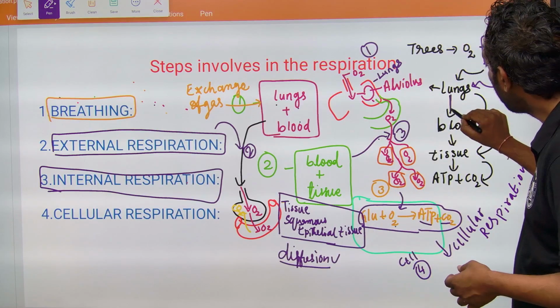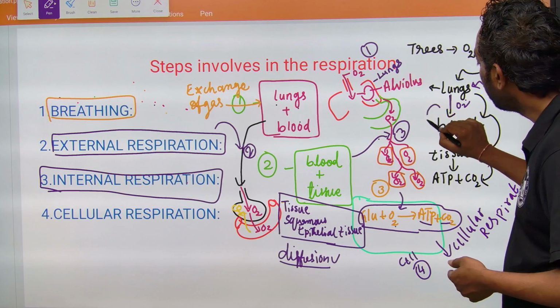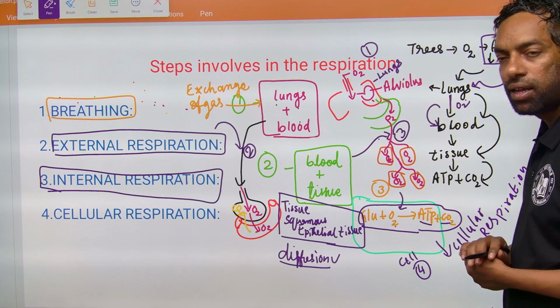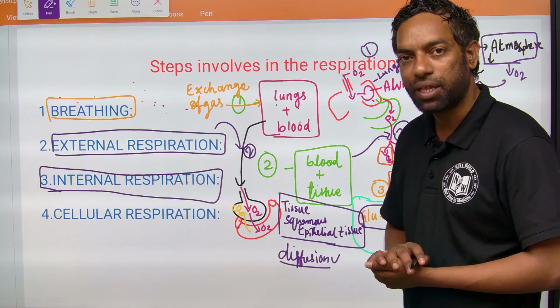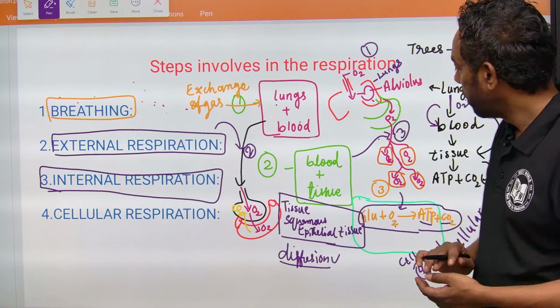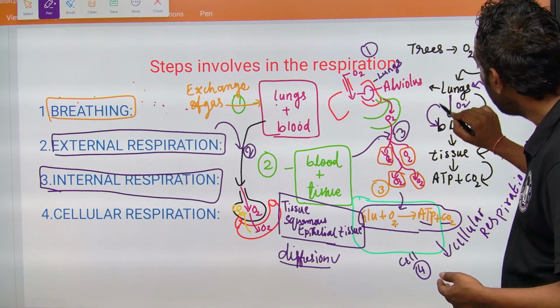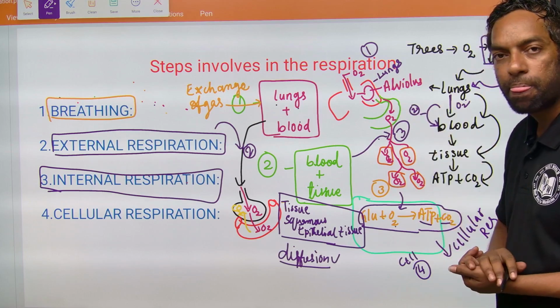Once the oxygen reaches the lungs, it enters the blood through the medium of squamous epithelial tissue, involved in the diffusion between the blood and lungs, called external respiration, the second step.